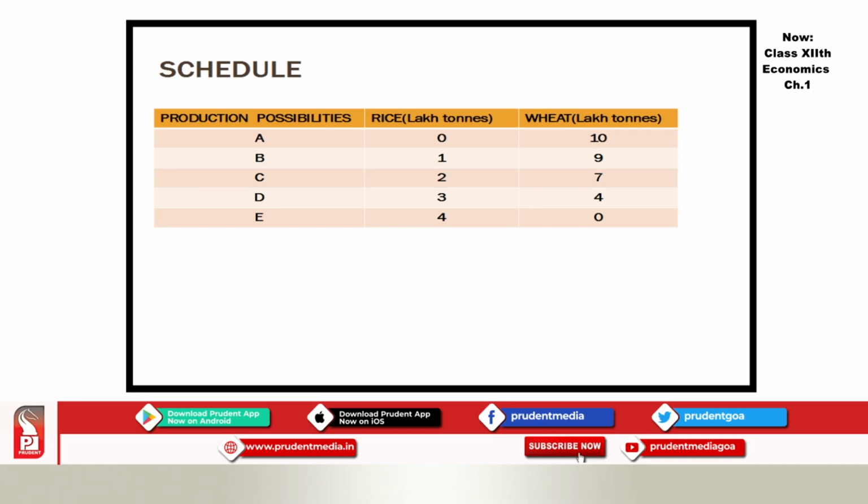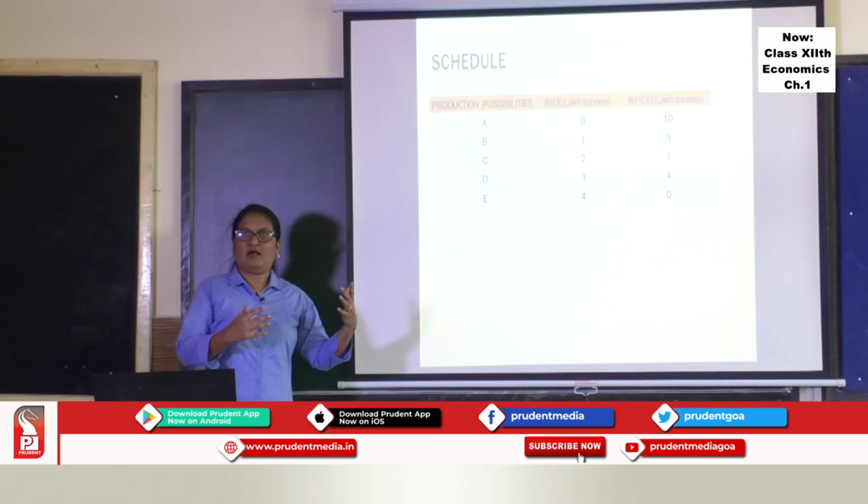The last possibility, we have possibility E, wherein the entire resources are utilized in the production of rice only. There is 0 lakh tons of wheat. That means wheat is not produced. So we see the possibilities A, B, C, D and E, which are available to the producer.